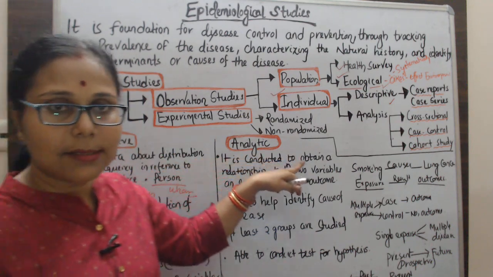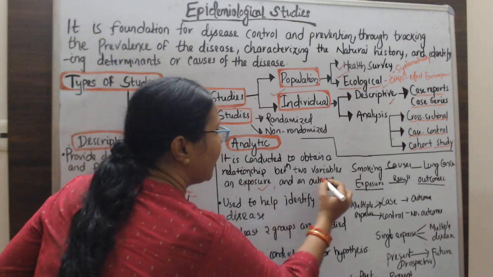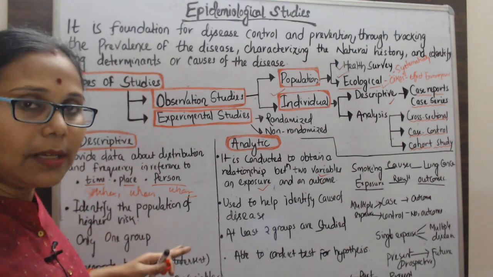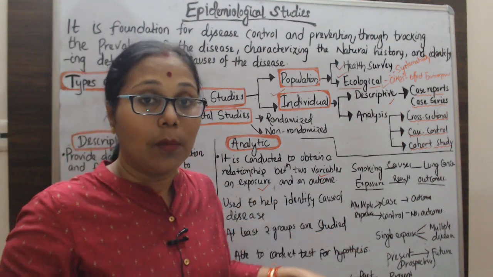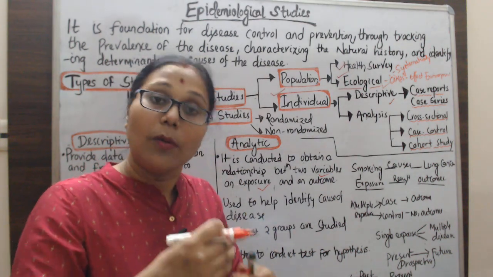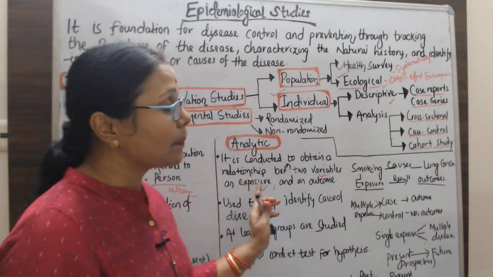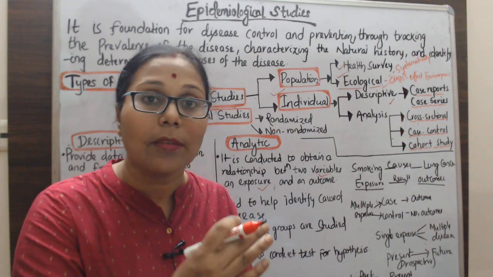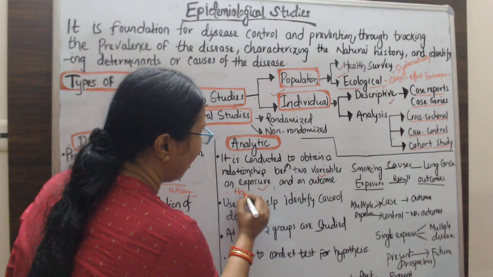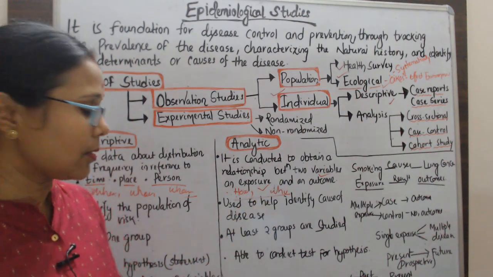But an analytic study is conducted to obtain a relationship between the exposure and the outcome. In descriptive we already collected the data, and now we analyze, we break down the data collected from the descriptive, and find the relationship or association between the exposure and the outcome. So two questions are raised in analytical studies: how and why.